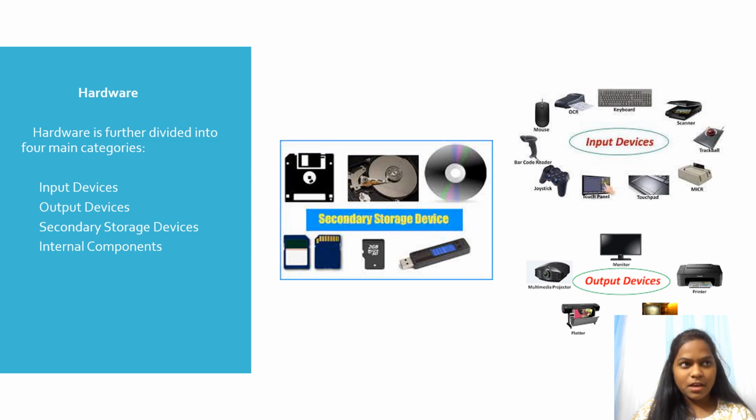Hard disk, CD, DVD, pen flash drives, and SSD are some examples of secondary storage devices. And the main internal components of a computer system are the processor, CPU, main memory, and input output controllers.